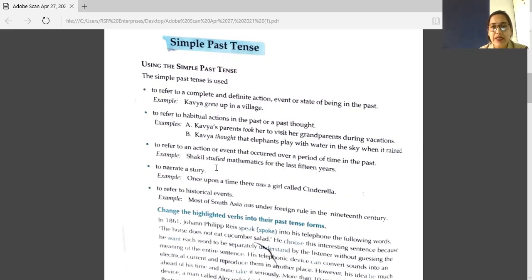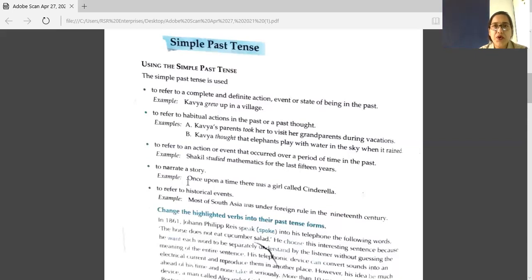See this example. Shakil studied mathematics for the last 15 years. So this period of time of the past is given there for the last 15 years. And studied, we have used here simple past tense, second form of study.